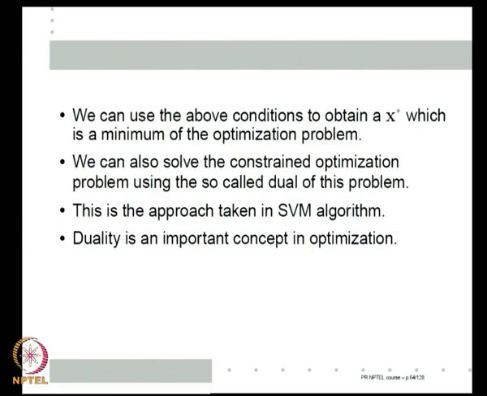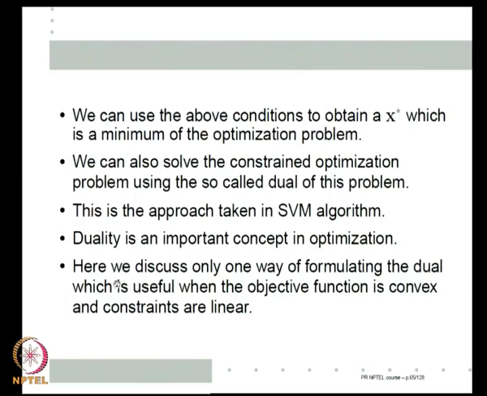Once again, in this course we will not be able to teach duality, but those of you who may not have gone through an optimization course will just look at duality in a very limited context, right. We will just look at one way of formulating another optimization problem, which we will call the dual of this optimization problem. But even that method will work only for optimization problems where the cost function is convex and the constraints are linear, okay. So, only for that case we will look at how to find duals, okay.